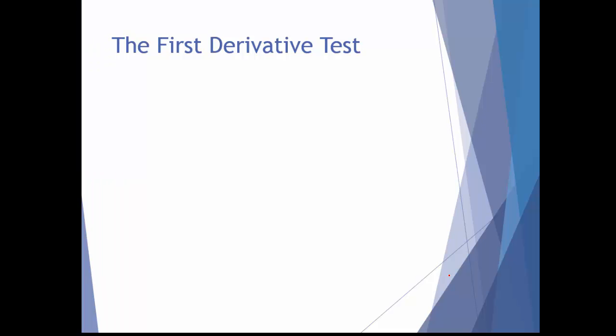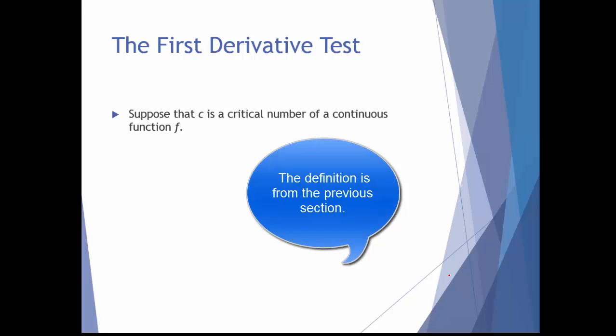Now the first derivative test says, suppose that c is a critical number of a continuous function f. So again, remember what critical numbers are. Critical numbers are numbers in the domain of your function such that your derivative at that number is equal to 0 or your derivative at that number doesn't exist.